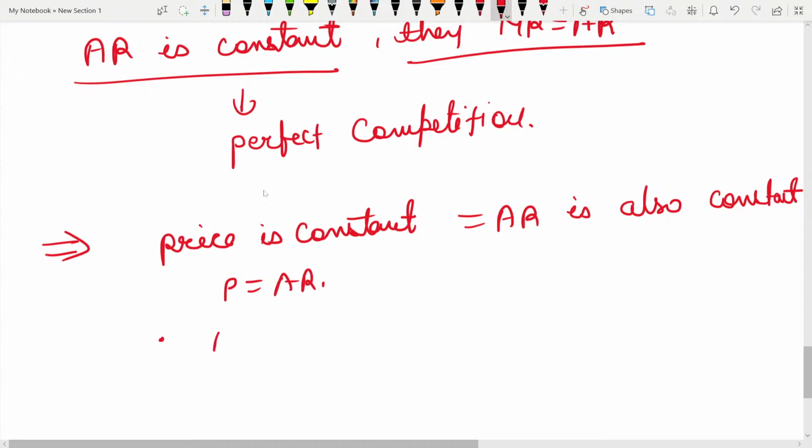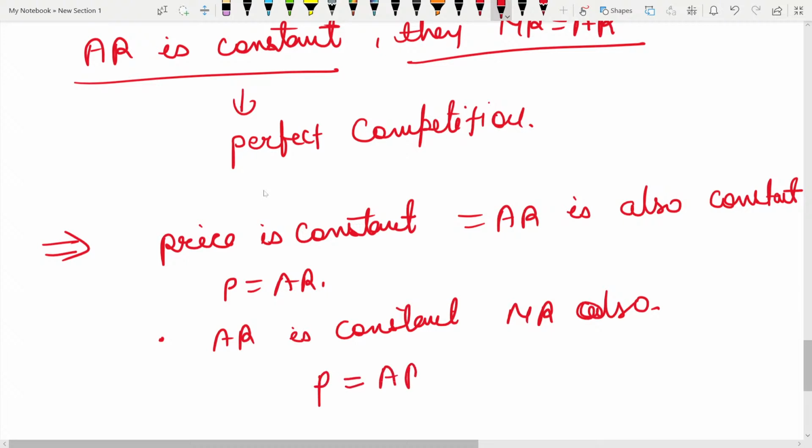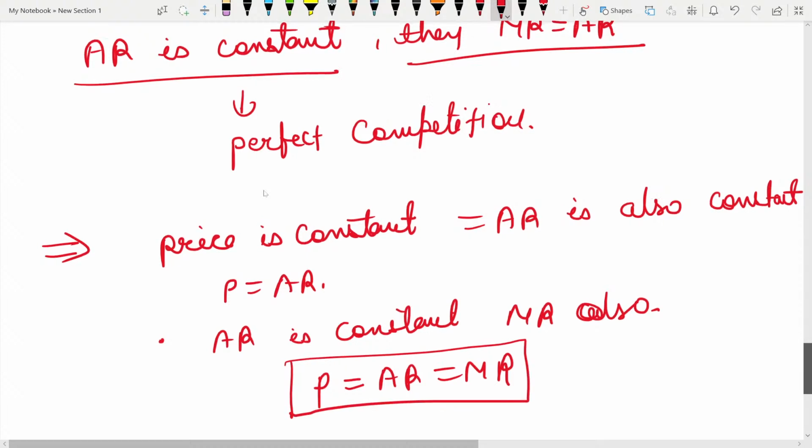And the second point, if AR is constant, MR is also constant. Therefore we can say P is equal to AR is equal to MR. But this will be applicable only in case of perfect competition.